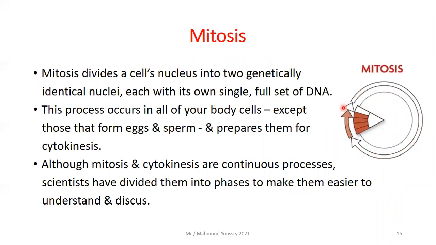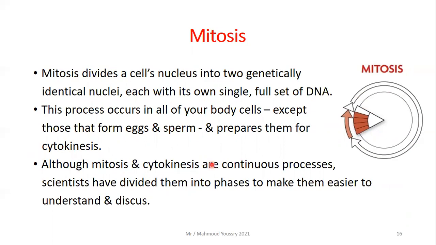Then we come to mitosis. This is the fourth and last stage of the cell cycle. Mitosis divides a cell's nucleus into two genetically identical nuclei, each with its own single full set of DNA. This process occurs in all of your body cells except those that form eggs and sperm, and prepares them for cytokinesis.